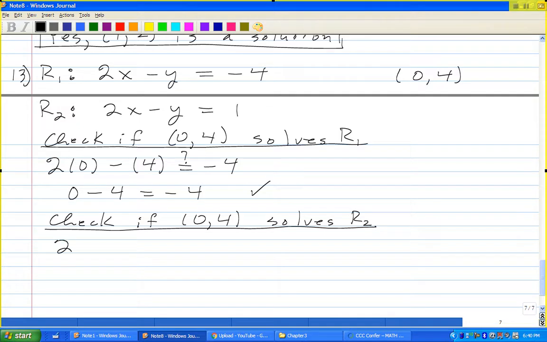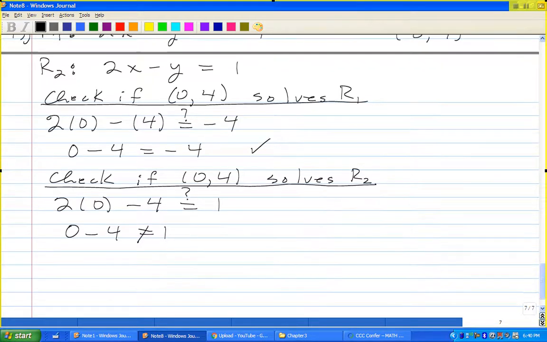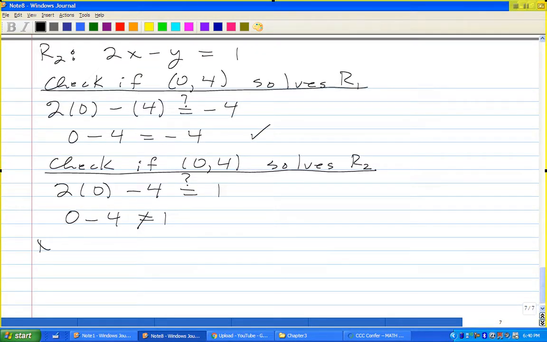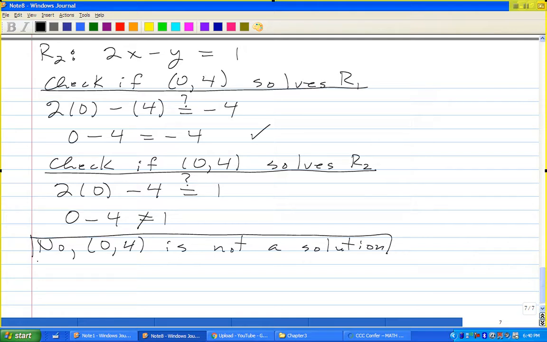Well, is 2x minus y equal to 1? Is 0 minus 4 equal to 1? No. And so no, (0, 4) is not a solution to the given system of linear equations.